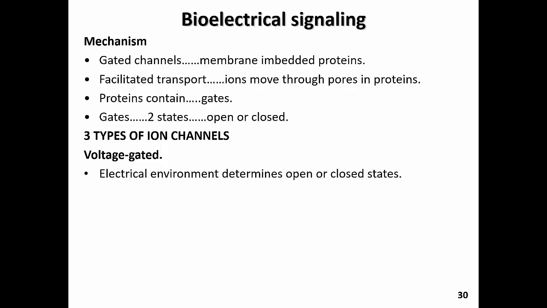If the electrical environment from the inside of the cell to the outside of the cell changes, that is very often a mechanism to open up a gate or to close a gate. Those are referred to as open or closed states. So those particular proteins that are sensitive to that electrical environment will change shape based upon that electrical environment and will either open up a gate or close a gate.